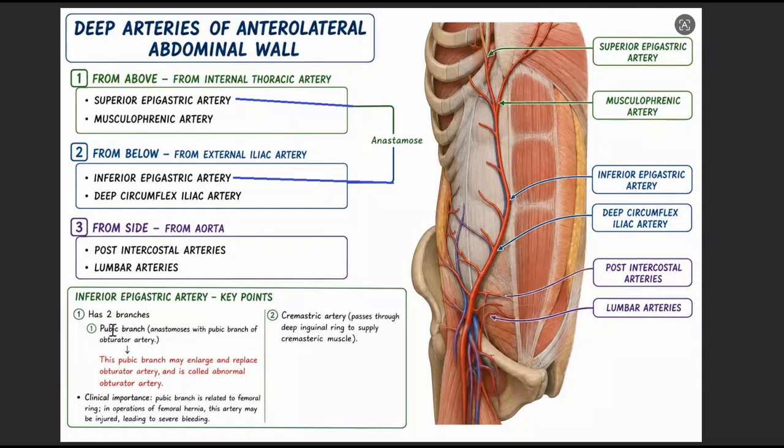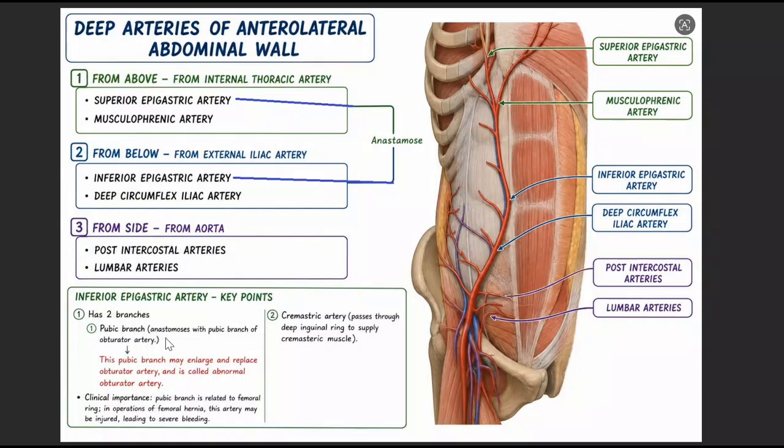That means this pubic branch connects the inferior epigastric artery with the obturator artery, and in some clinical conditions this pubic branch may enlarge and replace the obturator artery, and in that case this pubic branch is called the abnormal obturator artery.